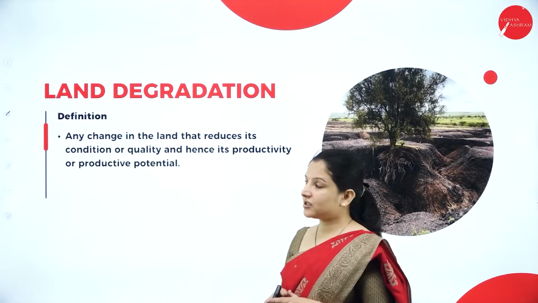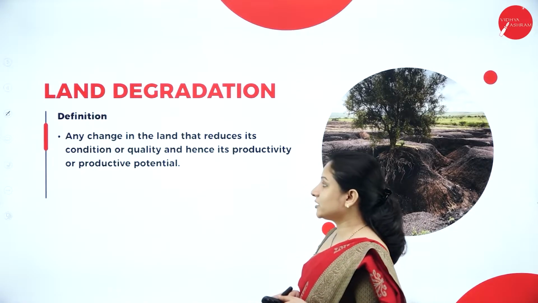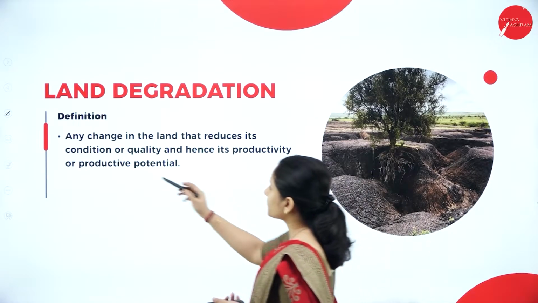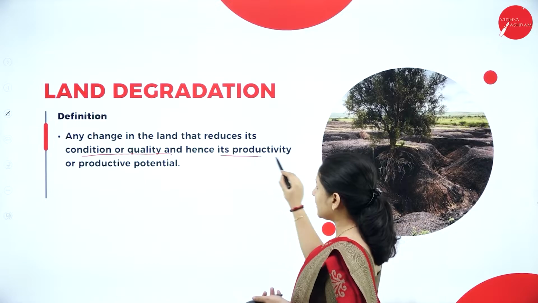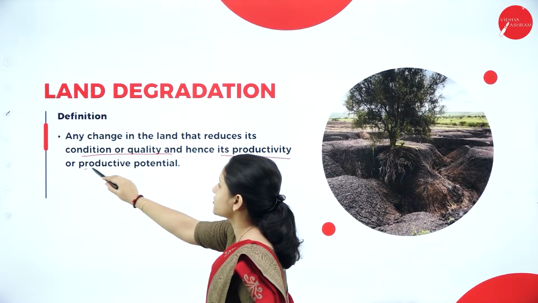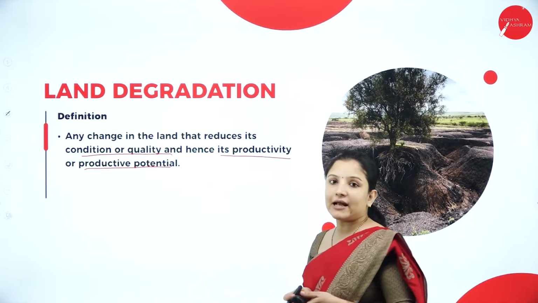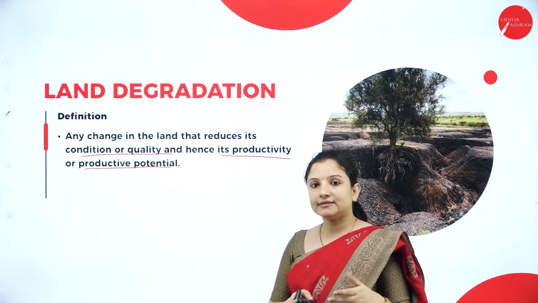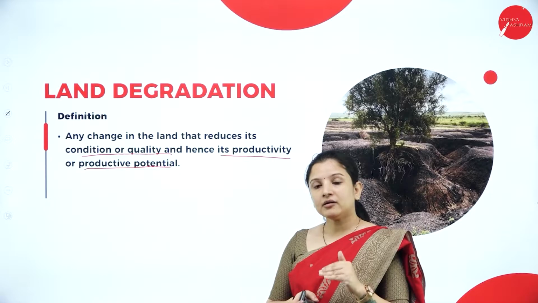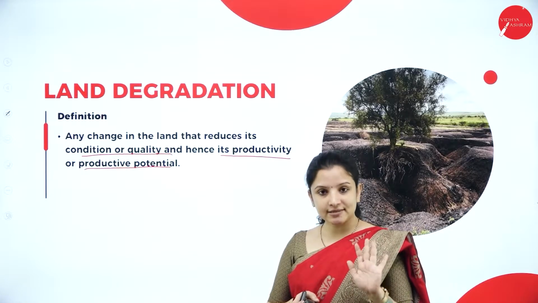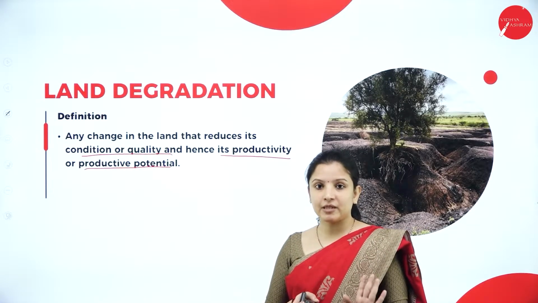What is land degradation? Any change in the land that reduces the condition or quality, and hence the productivity or productive potential of the land, is called land degradation. Say, for example, there is an agricultural land nearby and an industry is set up nearby on the same land.